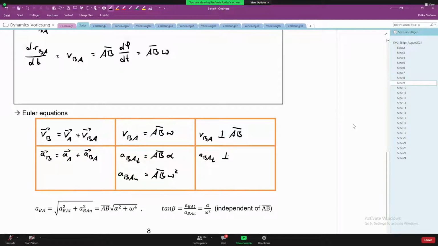The tangential component points in the same direction as the velocity, perpendicular to the radius, tangential on the path. And the normal component points towards the center of the circular path. In our case here, in our definition, it's point A.